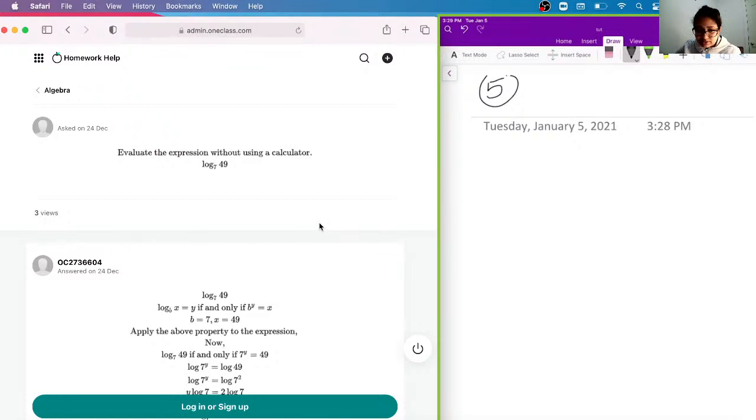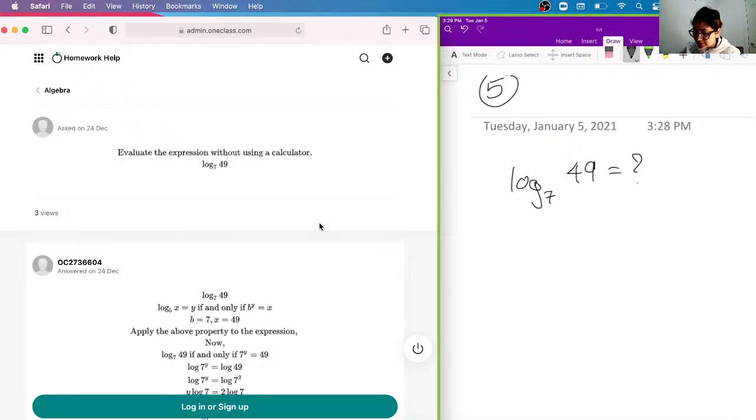So to do this question, this is a log question, and what we're trying to find out is what log base 7 of 49 equals.